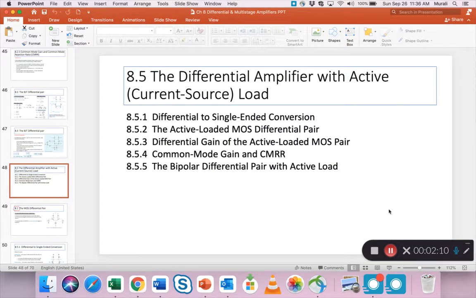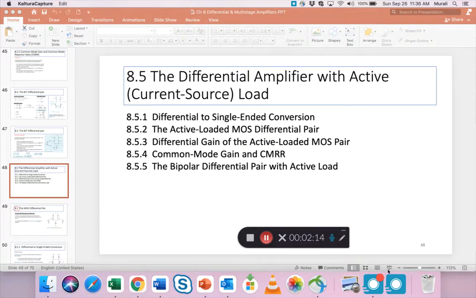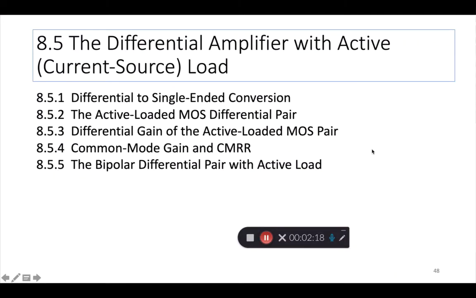Yeah, slide 48 is the first slide of 8.5, which is the differential amplifier with active load. It's called active load, and it's also sometimes referred to as current source load. So don't get too confused. It means the same thing.